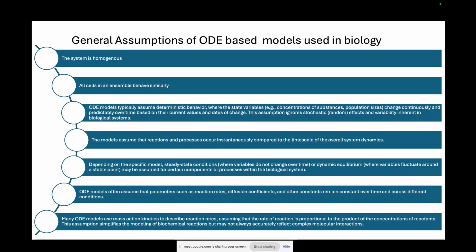In one part it may be constant, in one part it may increase, in one part it may decrease, depending upon the regulation and the systems inside the cell. It is not constant in the real system, but we assume it to be constant because otherwise it unnecessarily complicates the model. So this is a general set of assumptions that we have for different kinds of ODE based models that we use in biology.